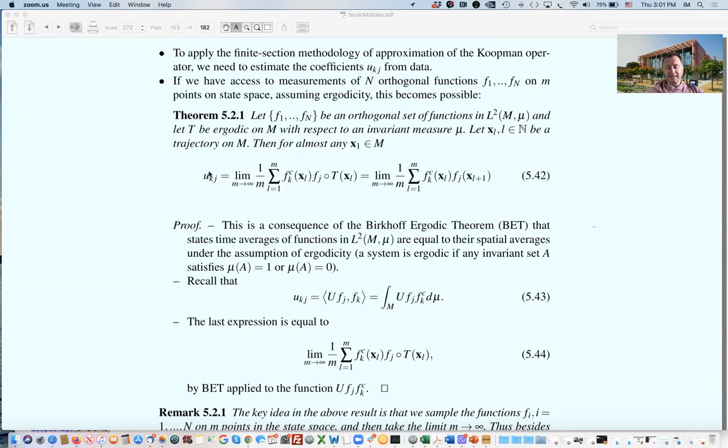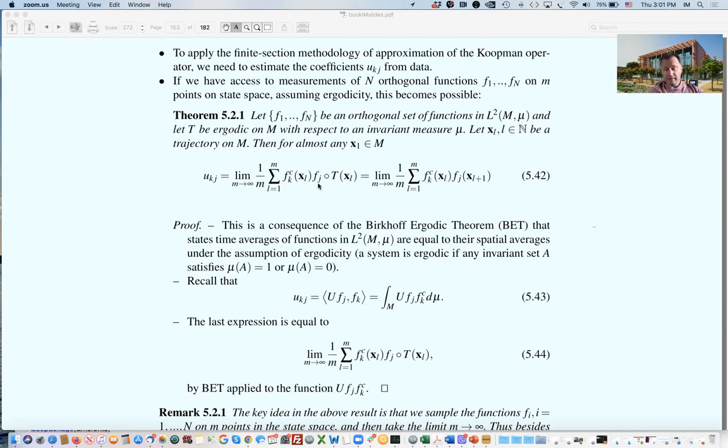They're precisely the limit when M goes to infinity of the average of the products between the complex conjugate of the kth basis function and the next value of the jth basis function.